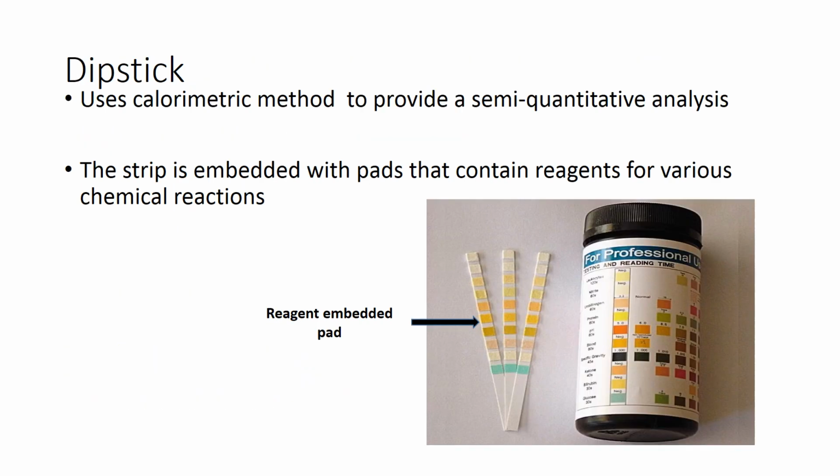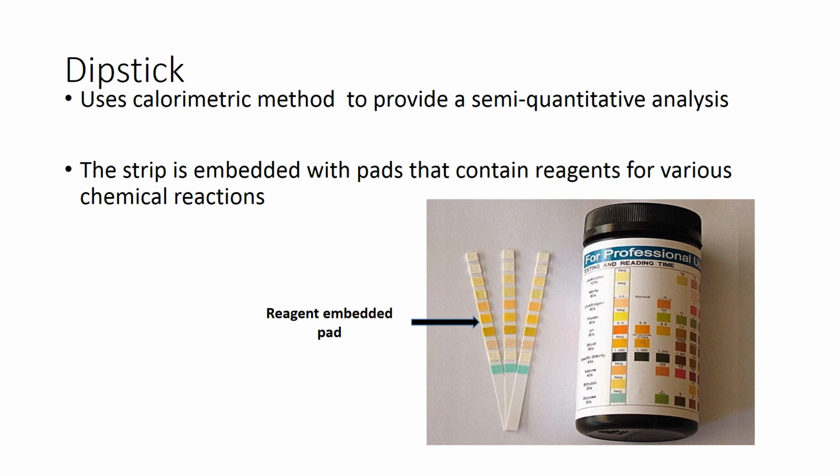So the second aspect of the urinalysis or the urine examination is the chemical analysis of the urine. Nowadays, we use what is known as a dipstick, which uses colorimetric methods to provide us with a semi-quantitative analysis. So essentially, it's just a strip that has been embedded with pads, and these pads contain reagents.